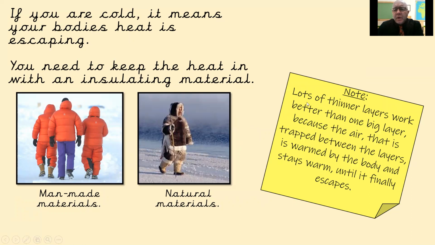So lots of thinner layers work better than one big layer. The air trapped between the layers is warmed by the body and stays warm until eventually it finally escapes through the materials. So those layers of air do just as good a job keeping you warm as the layers of material. And with one big thick layer, there's not going to be as much air trapped.